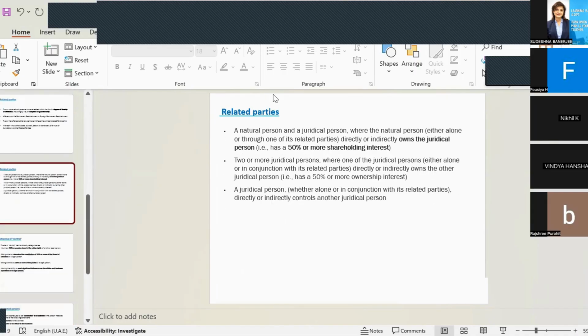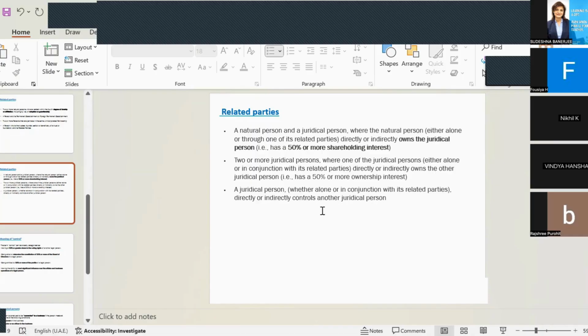Then, next for related party: a person or a juridical person who directly or indirectly holds 50% of the shareholding interest, where a person holds more than 50% of the shares of another company, or where one juridical person directly or indirectly owns the other juridical person.